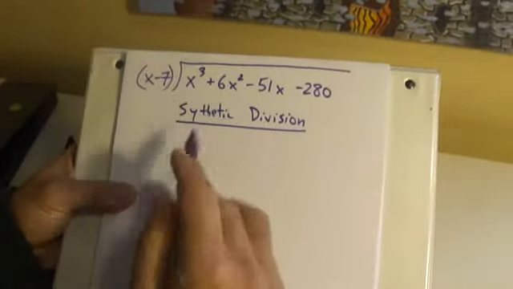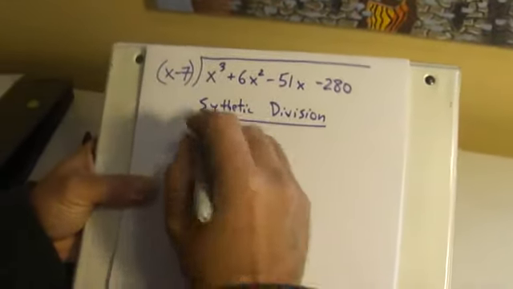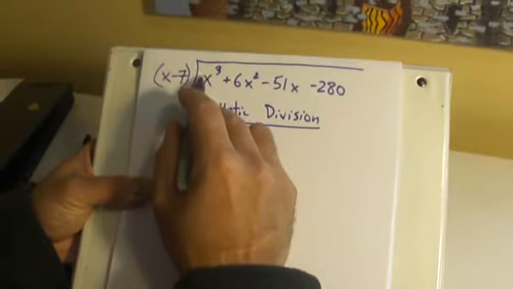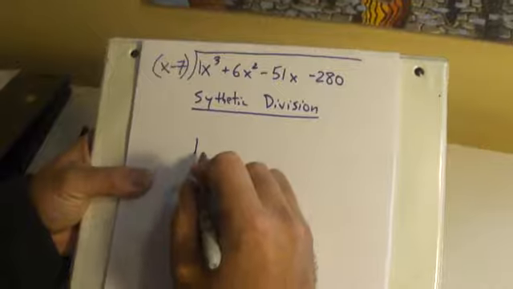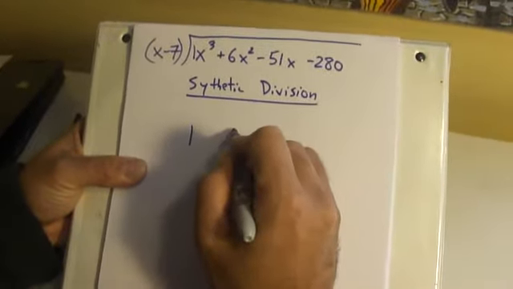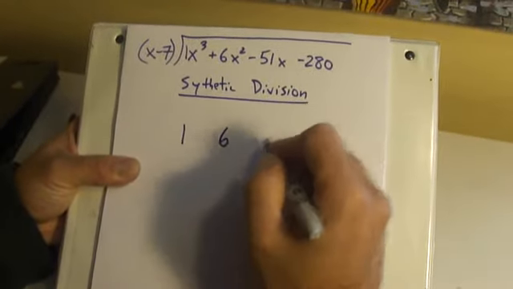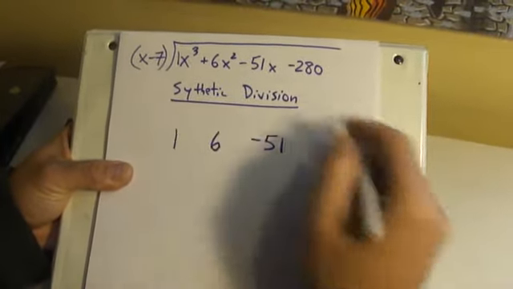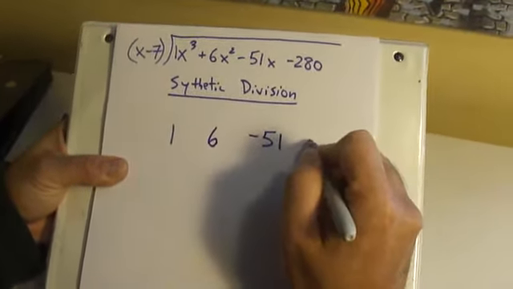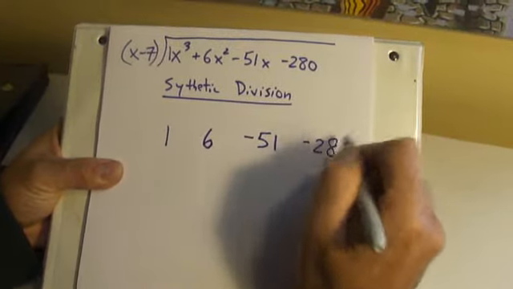So what we're going to do now is we're just going to write down those coefficients. The coefficient here is 1. We don't see it, but we know there's a 1x cubed. So we put the 1 there. The next one is a 6. We put it there. Next one is a minus 51, which makes negative 51. And the last one is negative 280. So we put negative 280. Okay?